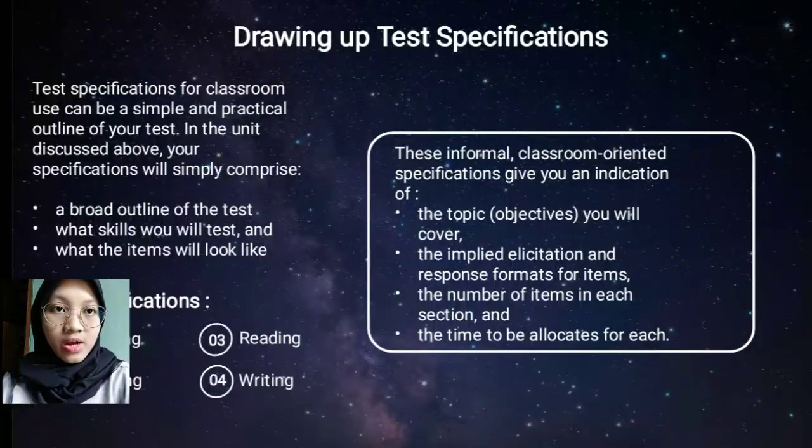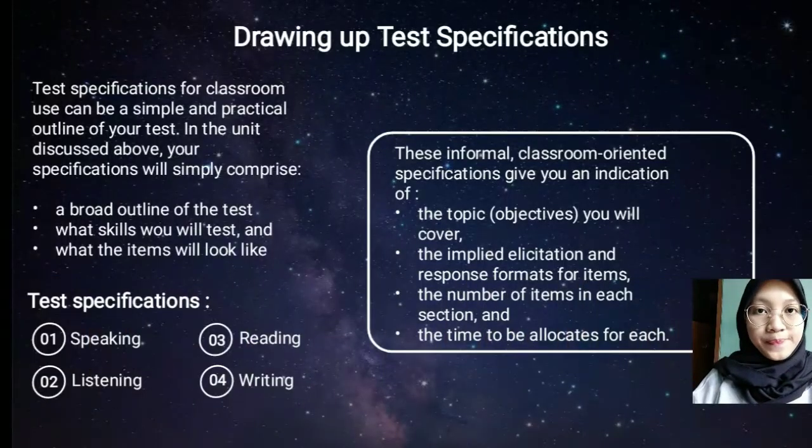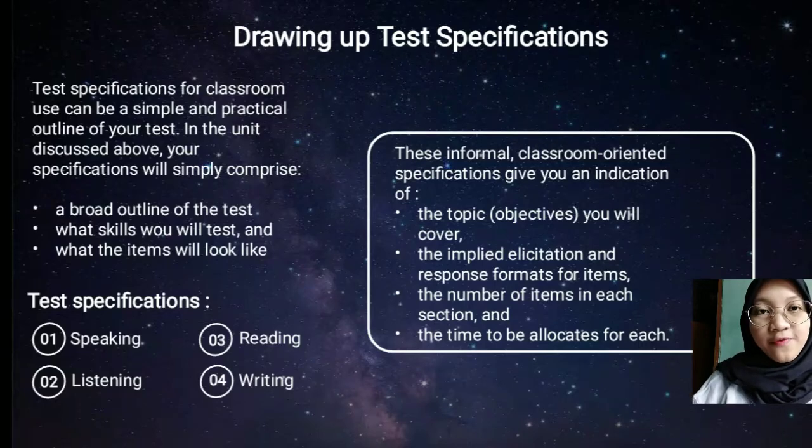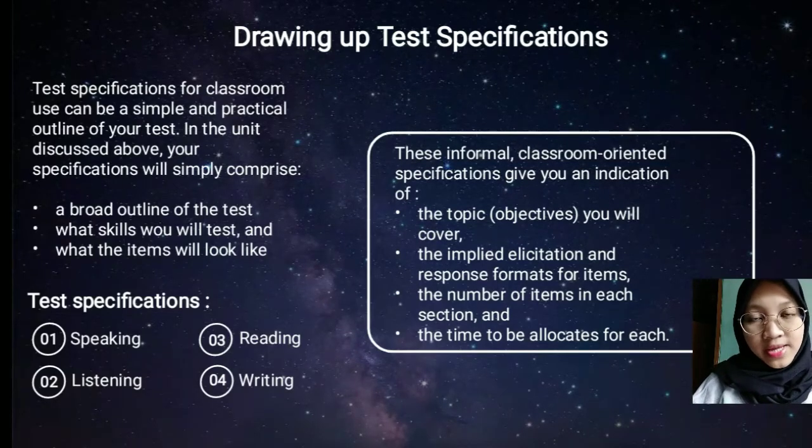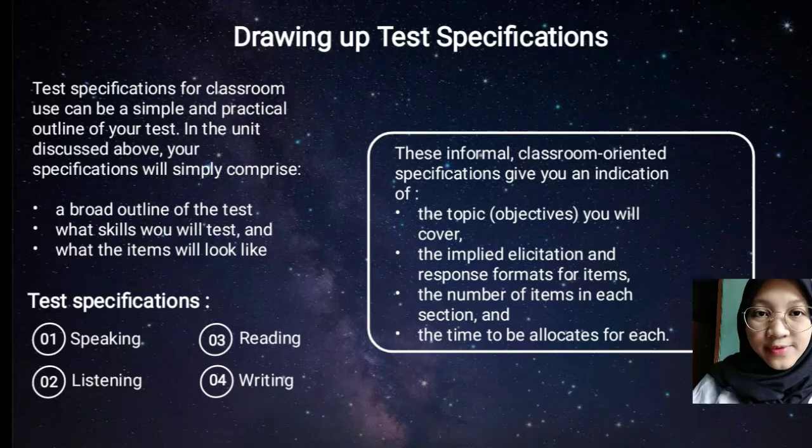And this is drawing up test specifications. Test specifications for classroom use can be a simple and practical outline of your test. In the unit discussed above, your specification will simply comprise a broad outline of the test: what skills you will test, and what the items will look like. Test specification: 1.